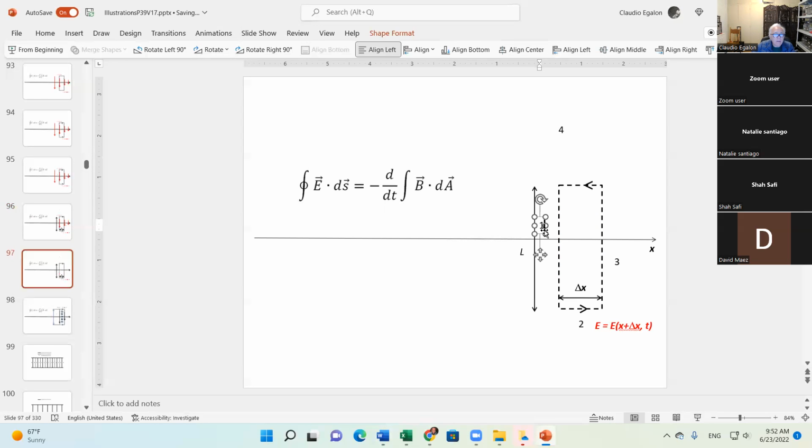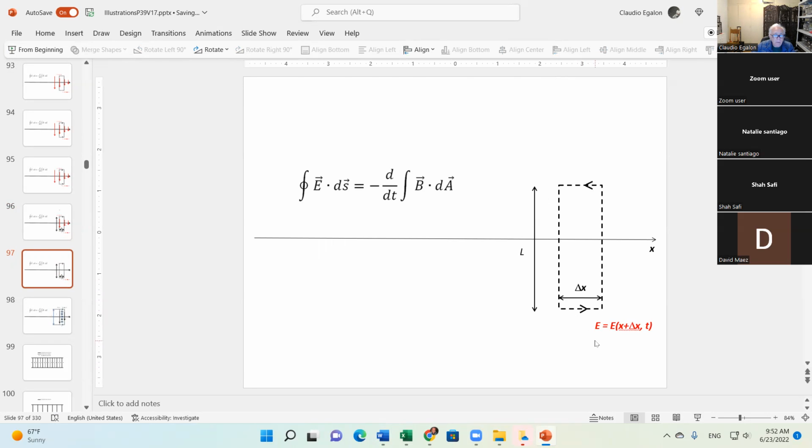I don't need to label the paths anymore because we already worked out the path integral. We're going to worry about the right side integral.